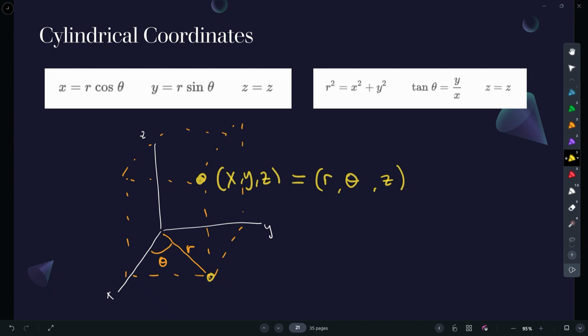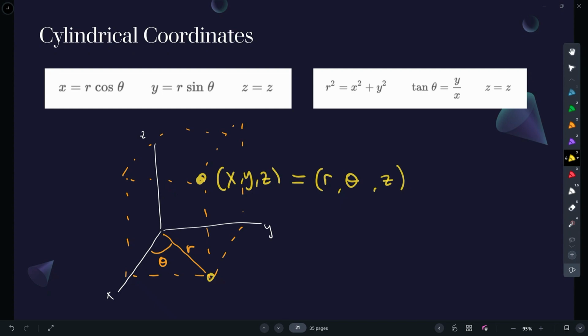Or if it had rotational symmetry in the x-axis, then put polar coordinates in the yz plane and leave the x alone. It works in all 3 directions, but for the sake of this class, I think we're going to stick to cylindrical coordinates in this. So you can always rotate your figures and have them have the symmetry in the z-axis.